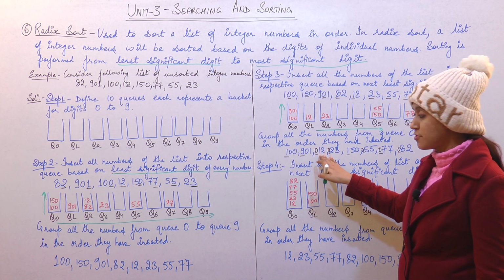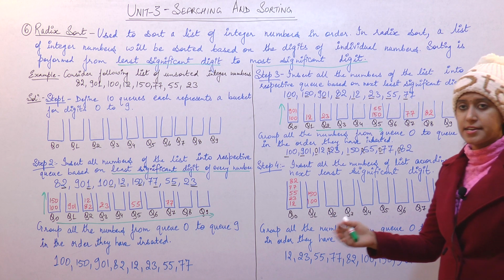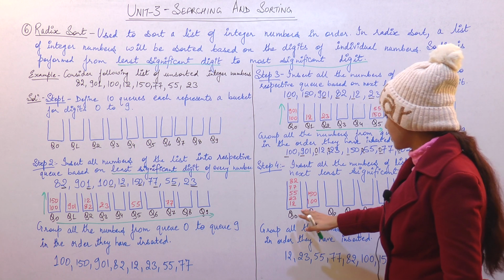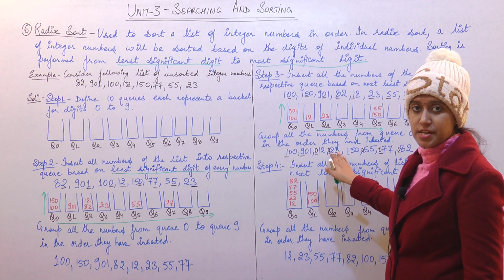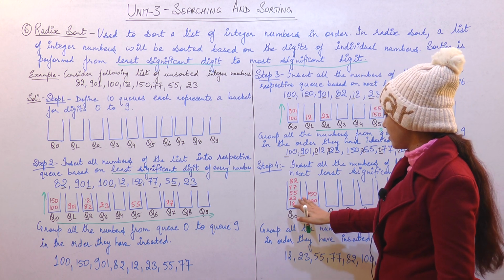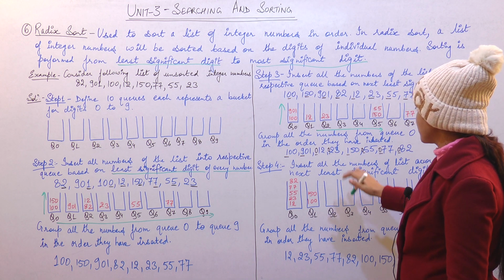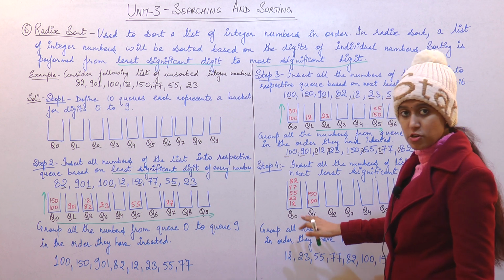Then comes the 12, 12 is a 2-digit number, so we are assuming 0 at hundreds place, so 12 will be inserted in Q0. Then 23 also is a 2-digit number, we are assuming 0 at hundreds place. After 12, 23 is inserted.